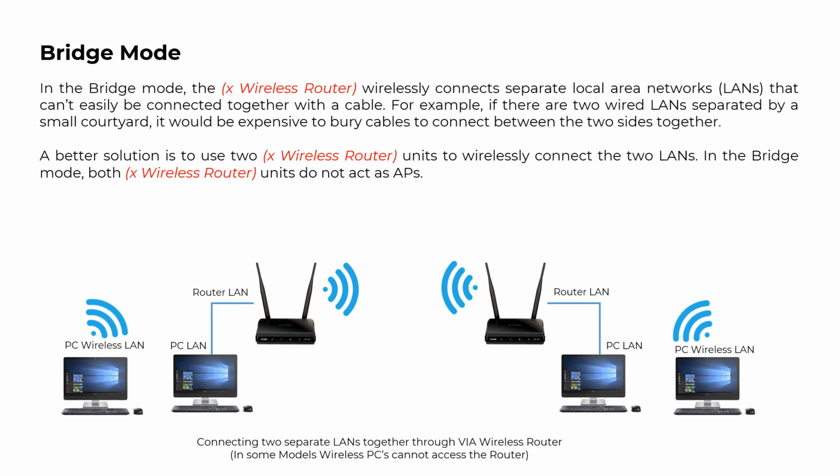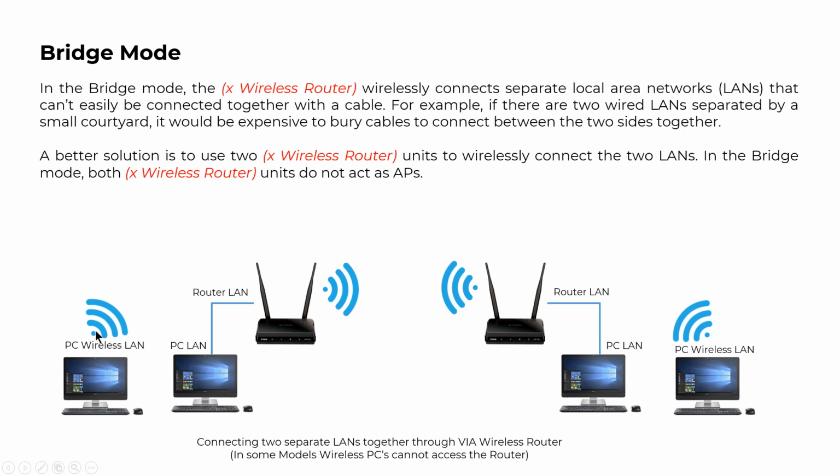In this mode, you need any two wireless devices, wireless routers of any brand, and you have to choose the mode as bridge mode, where you cannot lay down a cable. So you can set the wireless device on the right-hand side to bridge mode and the second device also to bridge mode. But they will not act as an access point.